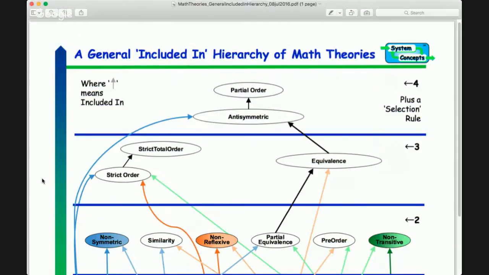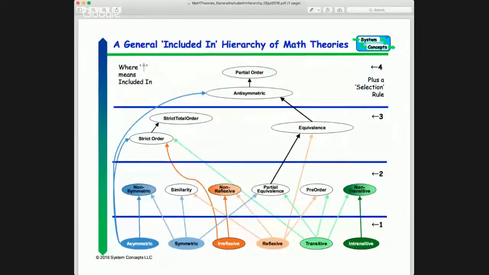So let's see if I can find that one. Here we go. So we have the general included-in hierarchy. We can see that we've arranged this so that we have what we call the primitives at the bottom. And the primitives are basically symmetric, asymmetric, irreflexive, reflexive, transitive, and intransitive.